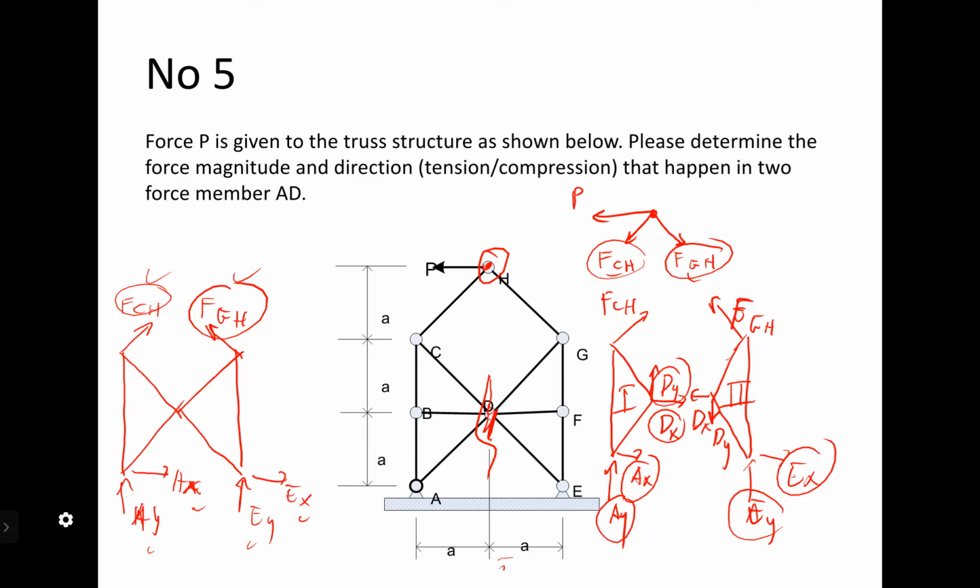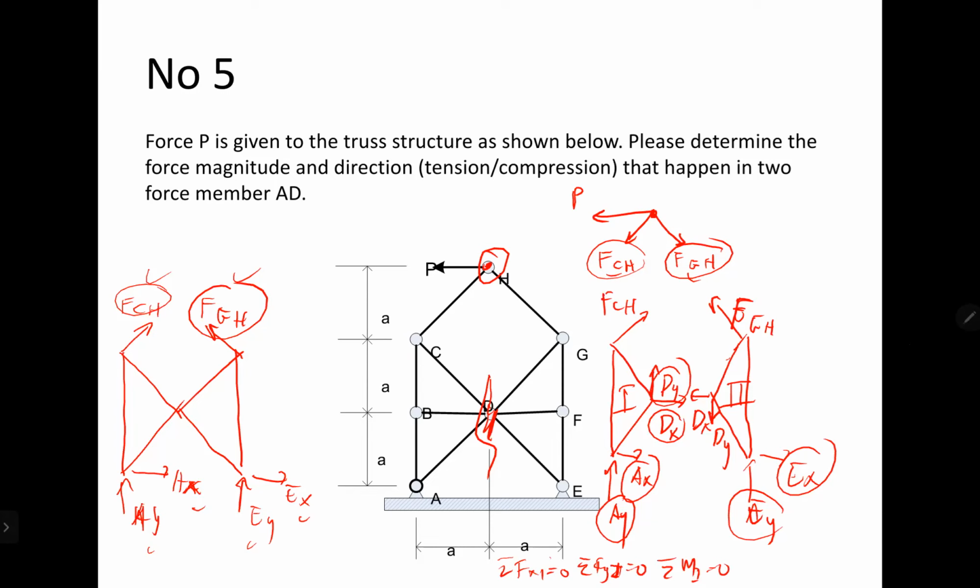So we have sigma Fx1 equal to 0, sigma Fy1 equal to 0, and sigma moment 1 equal to 0. That's from the first free-body diagram.